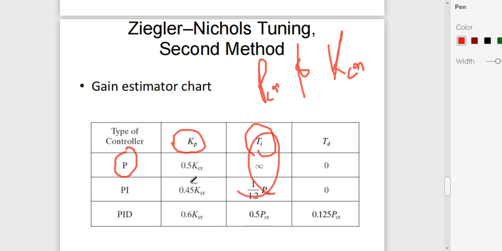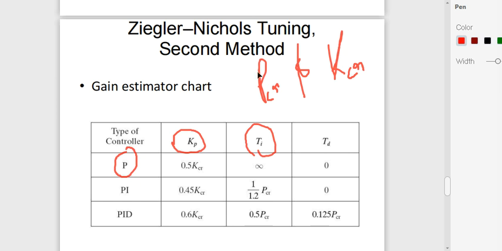Next one is PID controller. In the case of PID controller, we need to tune Kp, Ti and Td. Here Kp is 0.6 Kcr, Ti is 0.5 PCR and Td is 0.125 PCR.